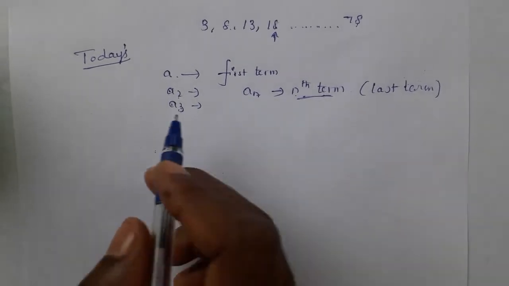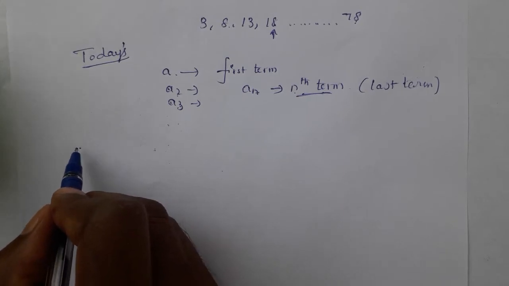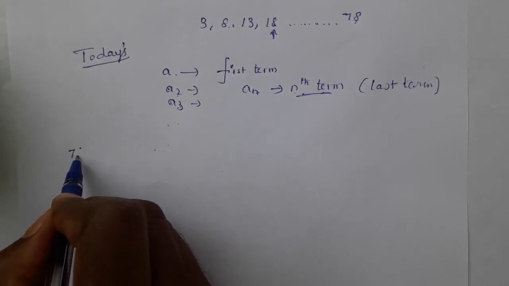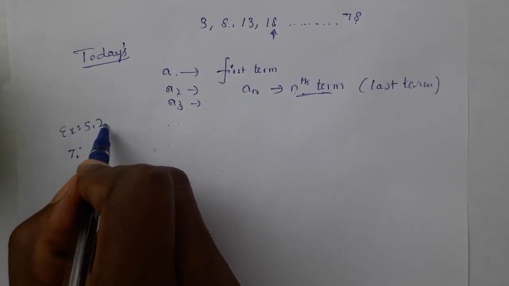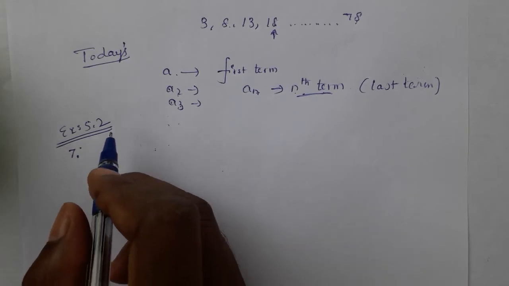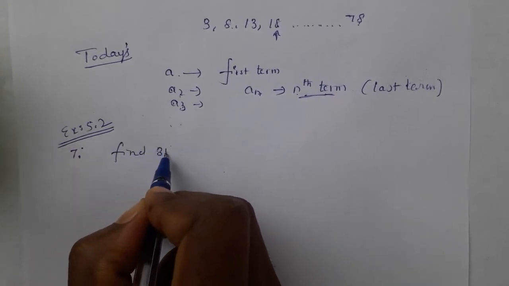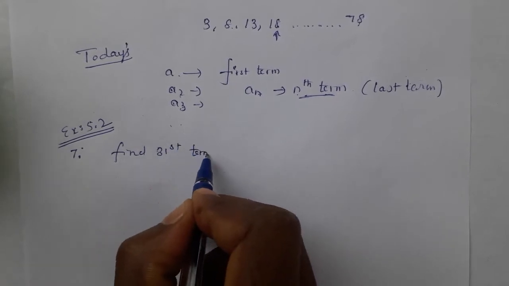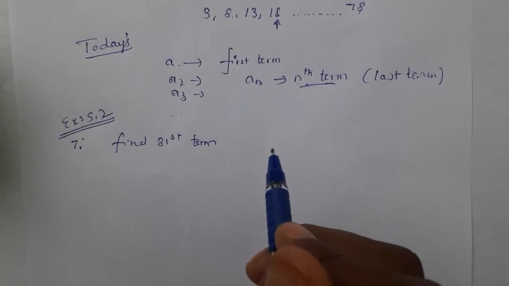Okay, so we go for one problem, that is the seventh from your exercise 5.2 in the CBSE textbook. Find the 31st term. 31st means who is sitting in the 31st position.